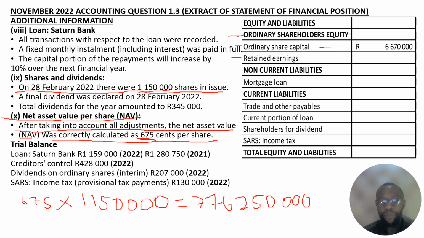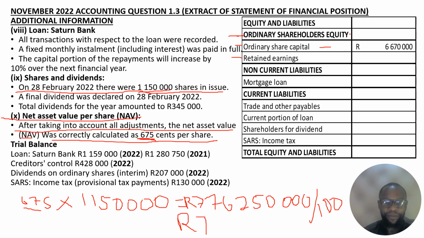But we know that we didn't convert our cents into rands, so there are 100 cents into 1 rand. So we want to convert these cents into rands now. So we are going to divide this by 100. Divide by 100.